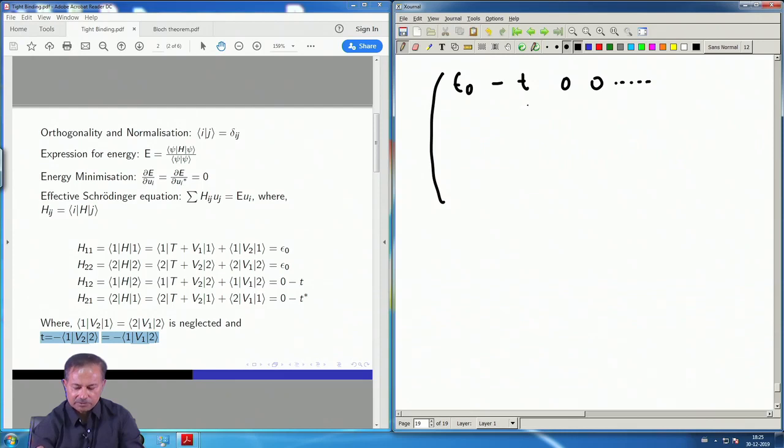The second one will always, the diagonal elements will always be epsilon naught. The second row, for example, had minus t here and minus t here, then all are zeros. Now, the third row again has minus t on its 2 sides, but all the further ones will all be 0.